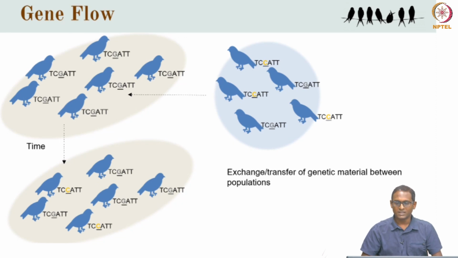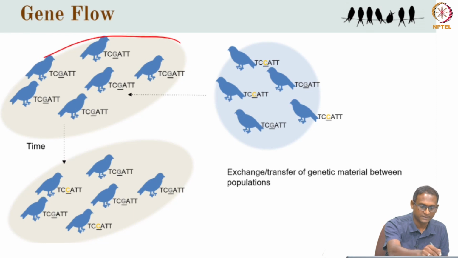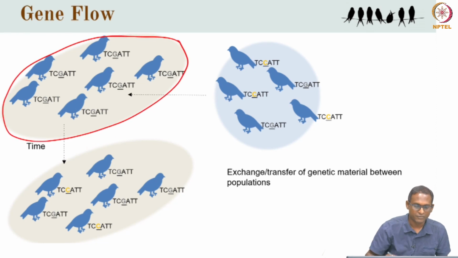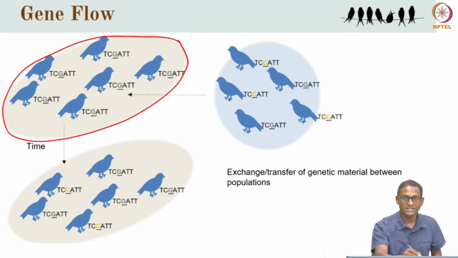We also should keep in mind that you can look at this genetic data to examine gene flow. So you want to keep your focus on this population here. If you consider this population, remember we talked about this G and C variation.